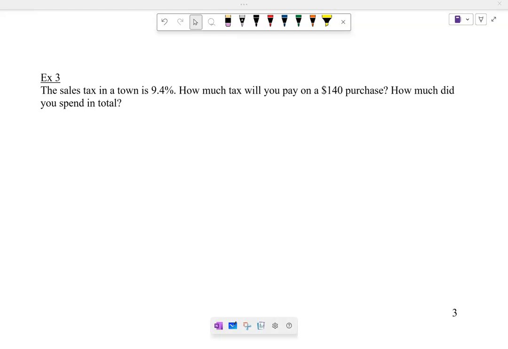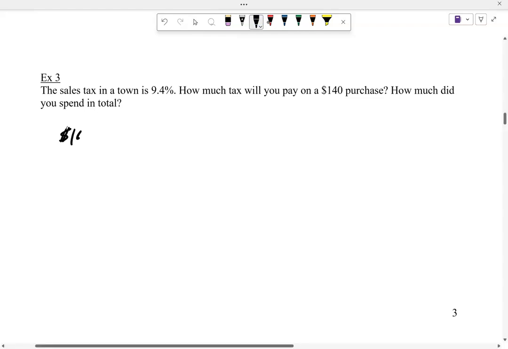Sales tax in town is 9.4%. So how much tax will you pay if you spend $140? You spend $140, you have to pay 9.4%. So really what we're asking is, what is 9.4% of 140? So let's multiply it. But I have to have that as a decimal, right?